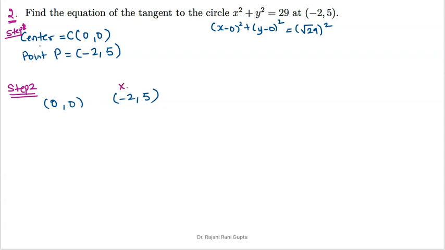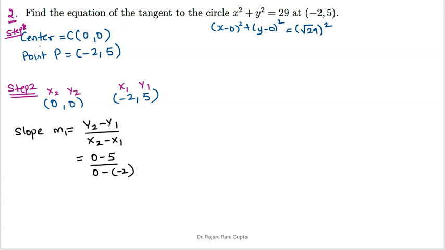Naming this as x1, y1 and this as x2, y2, the slope m, this will be the slope of the radius. So we say m1 is y2 minus y1 over x2 minus x1, which is equal to 0 minus 5 over 0 minus of minus 2, giving you minus 5 over 2.